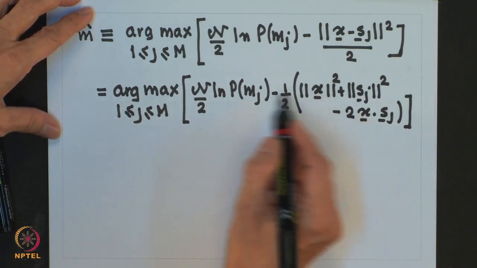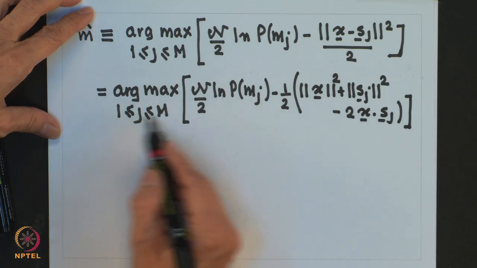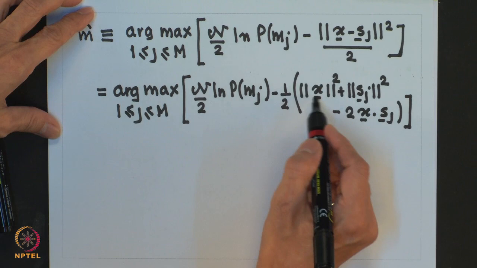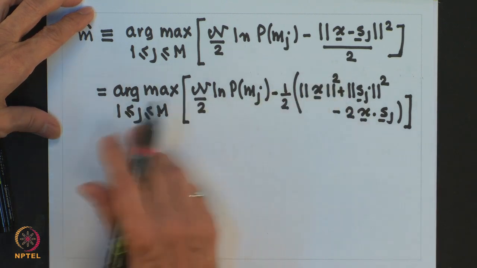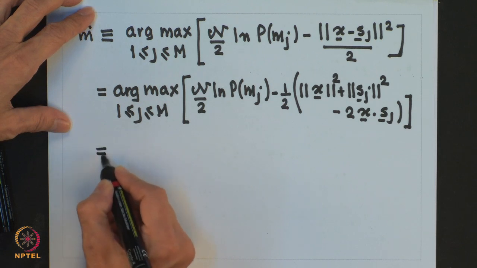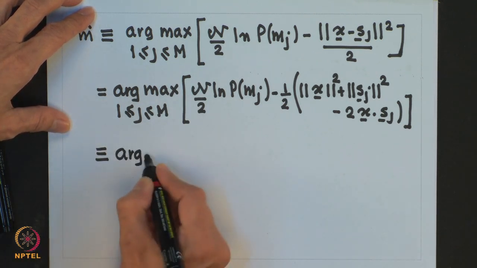Now, this quantity is being evaluated for all j from 1 to M, and this is the received vector, which will remain the same for all the computations. So, we can drop it, and your decision rule gets simplified to this expression.